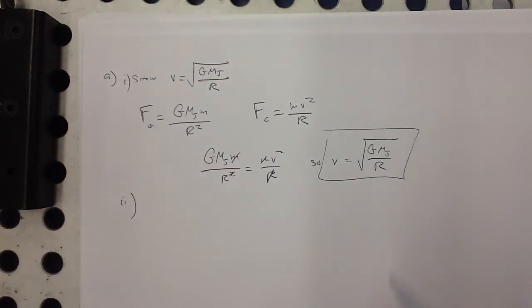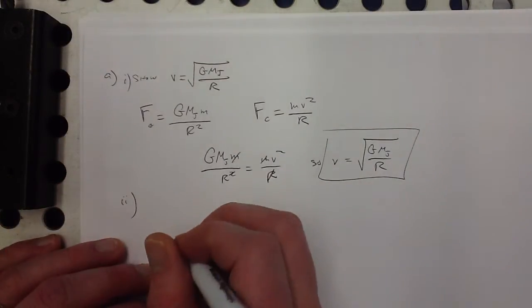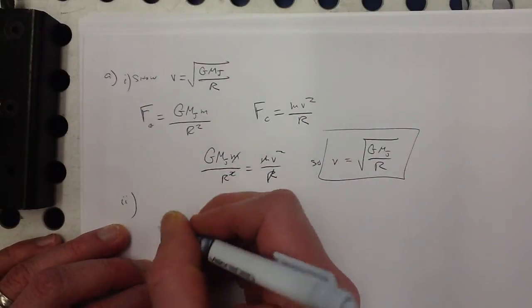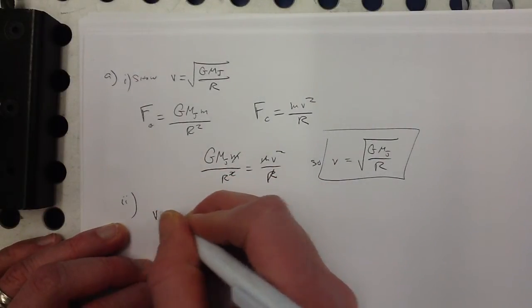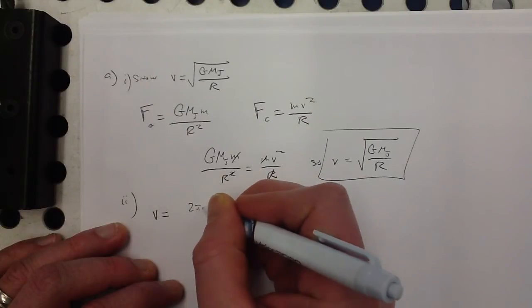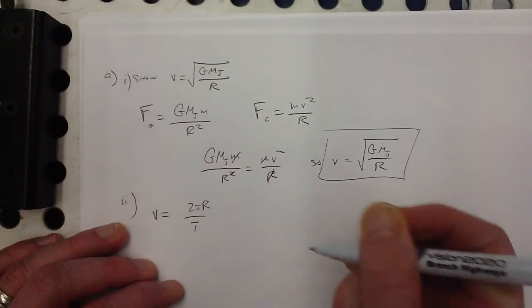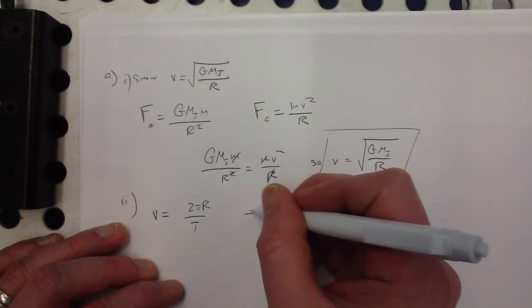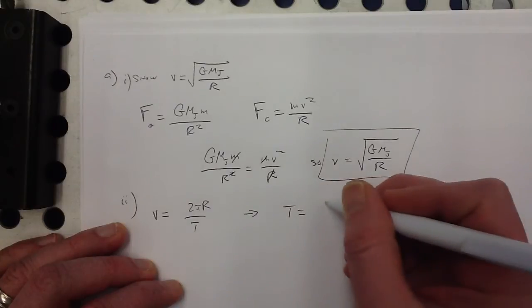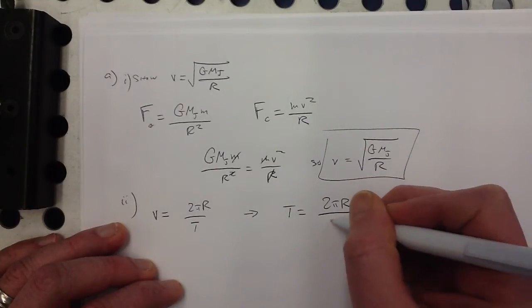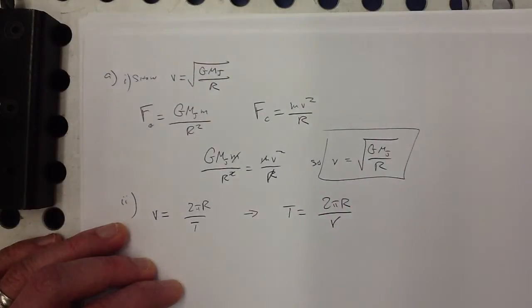So we just have to take this a step further and say that we know for simple harmonic motion that velocity is equal to 2 pi r over T, or in other words, that T is equal to 2 pi r over v, right?